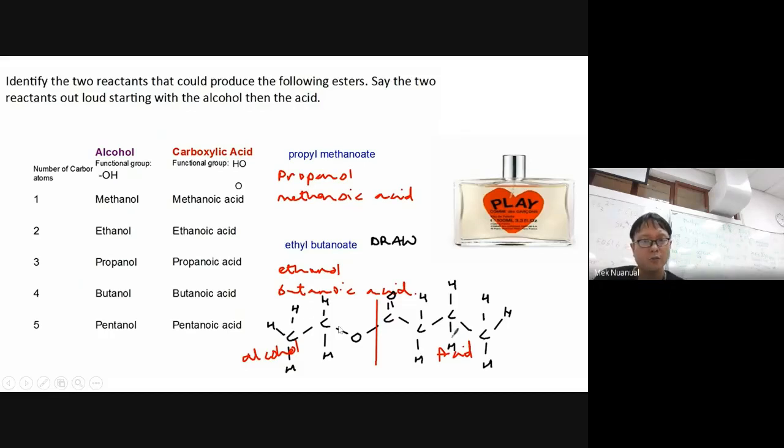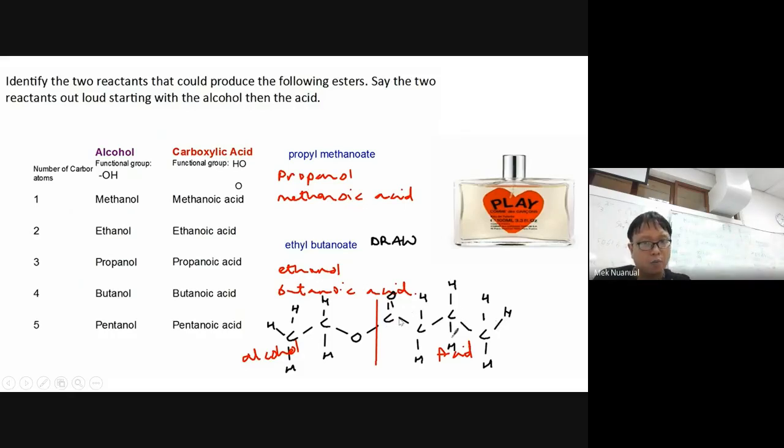Now look when you draw it out here. This one is ethyl butanoate. Look how I did this red line to divide where the alcohol portion is. This is everything up to the O. And then the H would have been completely replaced by all this stuff from the carboxylic acid.